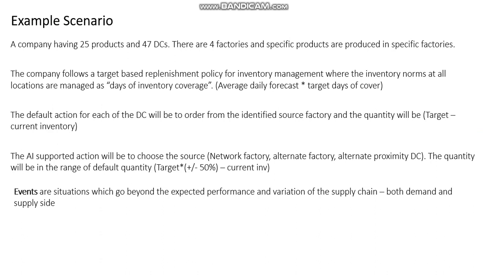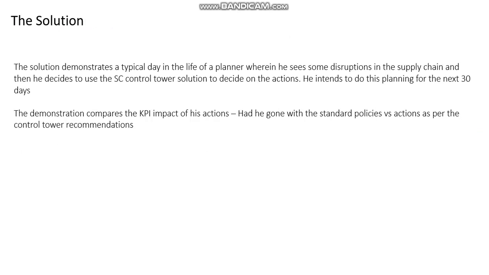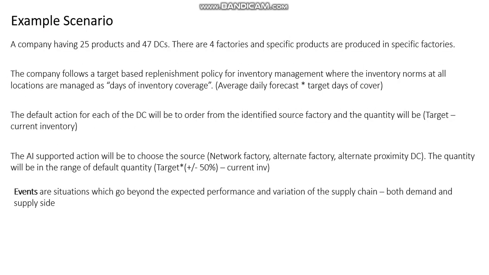The difference of the two is the replenishment order that goes to the upstream node, as per the supply chain network. What the tool provides is an AI supported action, telling you, instead of following the typical network, whether you have the option of sourcing from different sources, and even the quantities can be adjusted, while also considering the various events that are there.